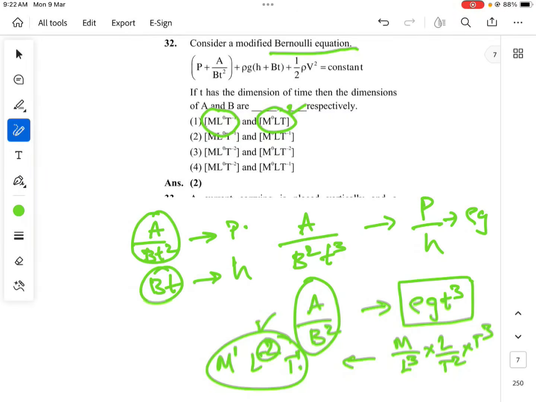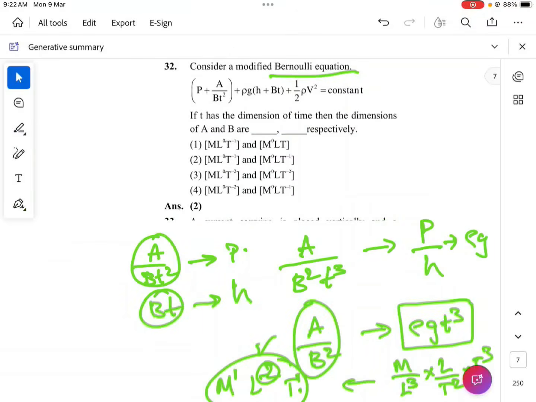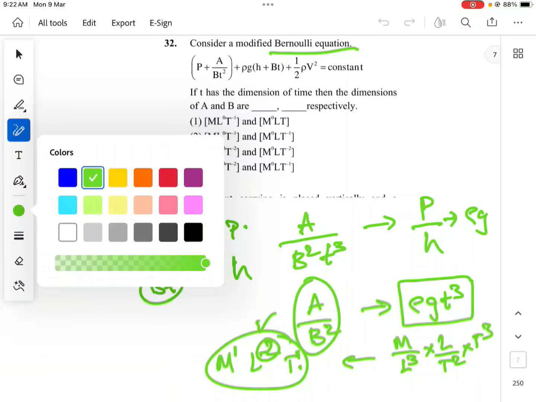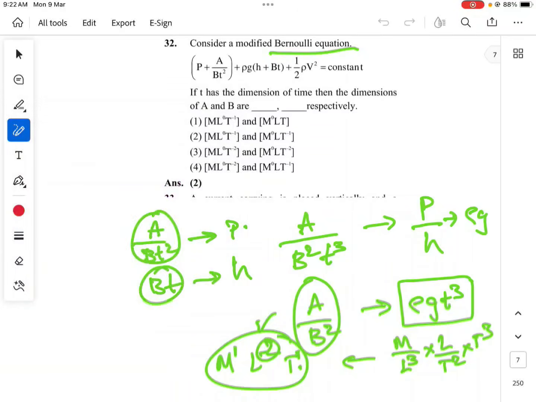So look at the options. There are not many options which are very convincing. So it's an easy way to do it. Of course, the normal way to do it is always there. So I will go with this. Look at it. Just by looking at it, you can tell the answer. M and L you don't have an issue.